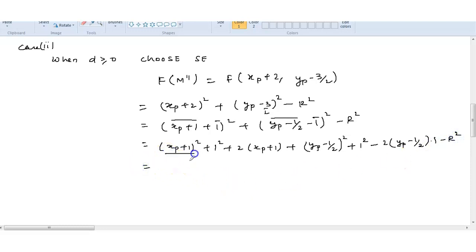The terms xp plus 1 whole square, yp minus half whole square and r square give d old only.